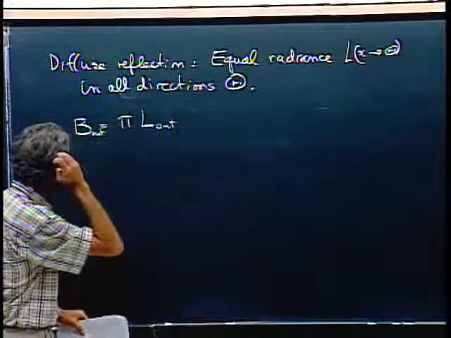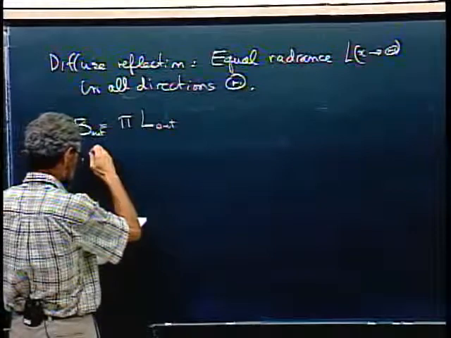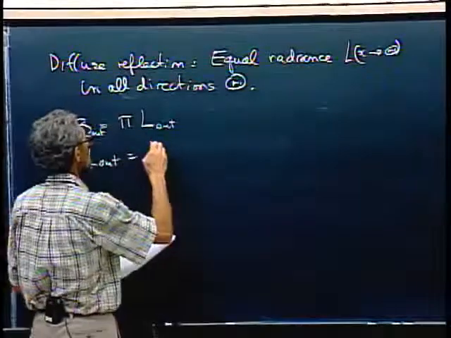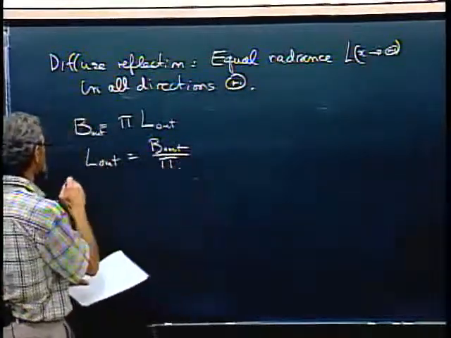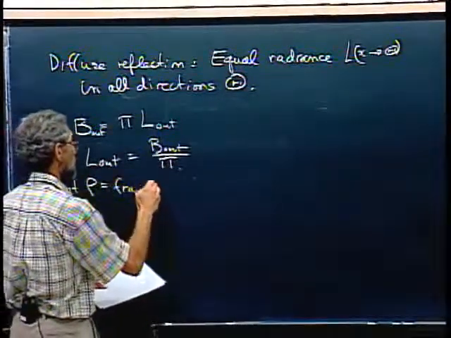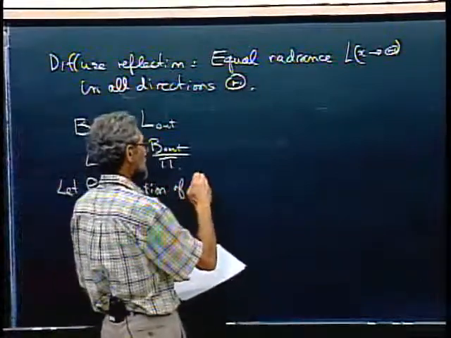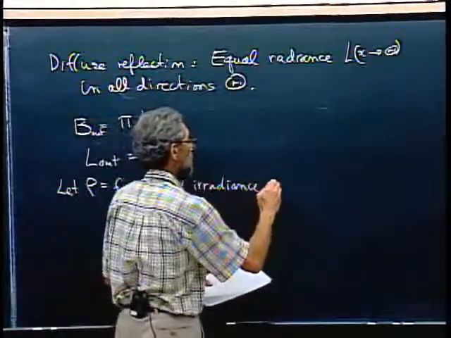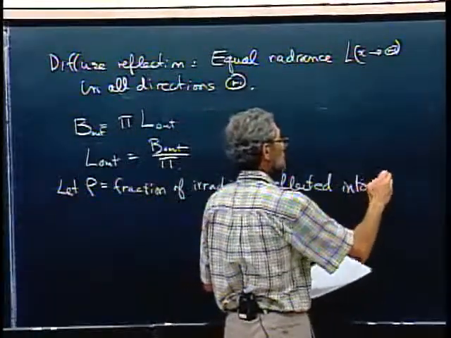Okay, so what that means is that L out is just B out over pi. So now I'm going to let rho equal the fraction of the incident irradiance reflected into the radiosity.